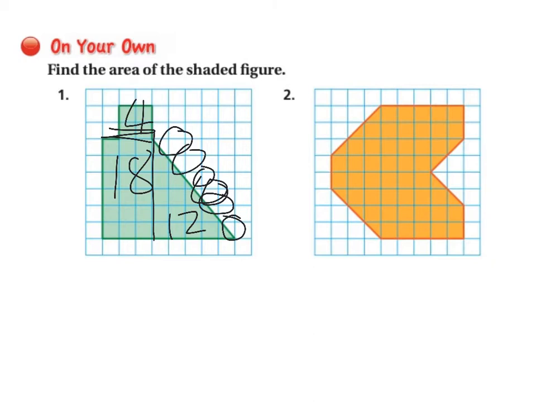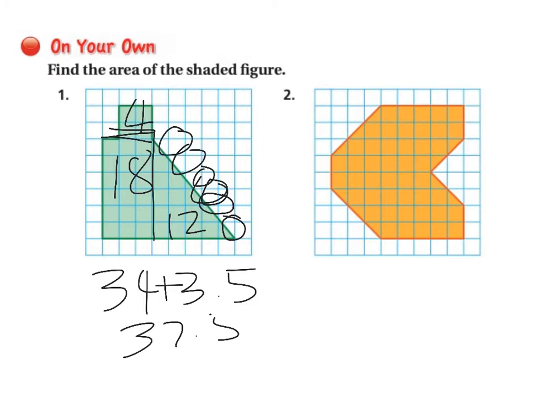So 7 times a half would be 3.5, so 3.5 plus 18 plus 12 is 30, plus 4 is 34, so 34 plus 3.5 is 37.5 square units. So that should be about where we are.